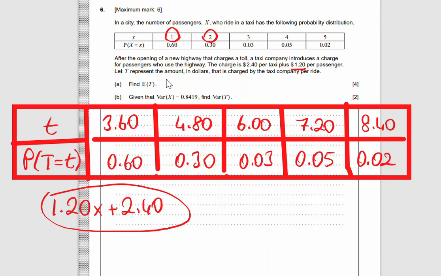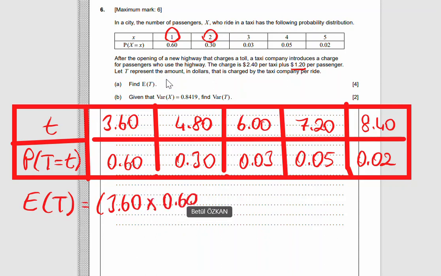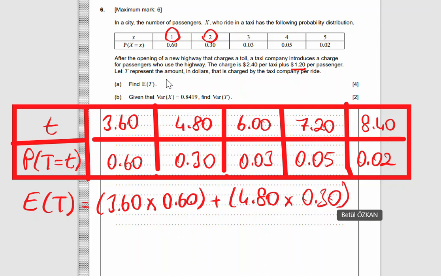Okay, let me write them one by one. So here, we can identify E of t directly right now. E of t will be equal to the multiplication of 3.60 times 0.60 plus 4.80 times 0.30.